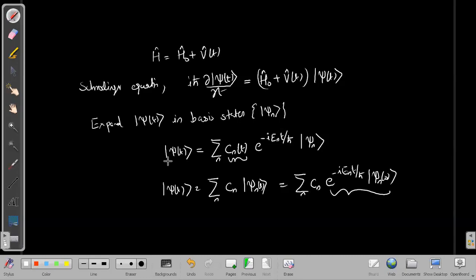So I can expand the state vector psi of t, which comes in the Schrodinger equation with the complete Hamiltonian H0 plus V of t, as the sum over n of c n of t, e raised to minus i E n t by h cross, psi n. This is one important point.